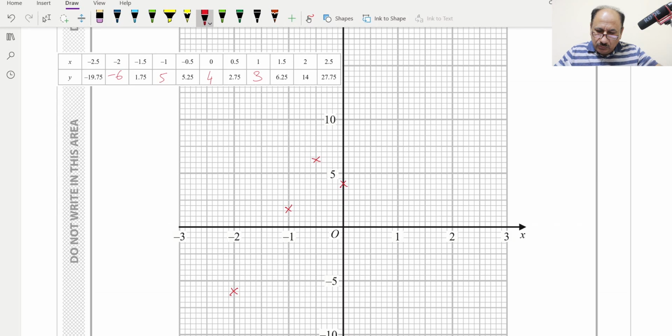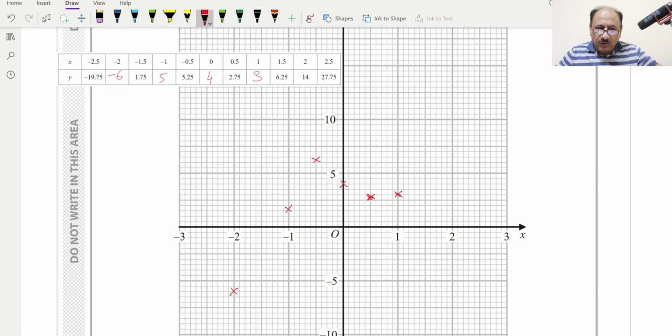So 2.75, basically, 2.75 will be closer to this point, and next is 1 and 3, so 1 and 3 will be this one.